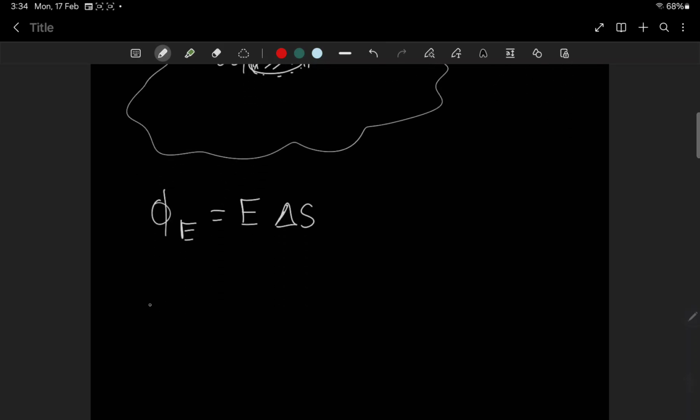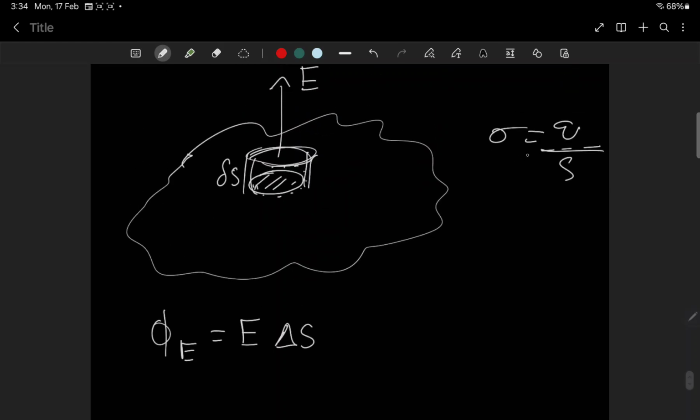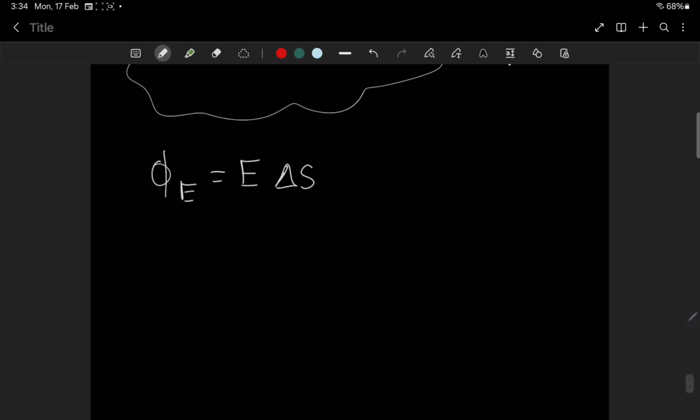Now you know that sigma is equal to Q by S. So Q is sigma into delta S, that is the area delta S. Now by Gauss's theorem, phi E is equal to Q by epsilon 0.